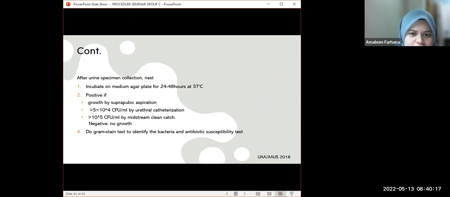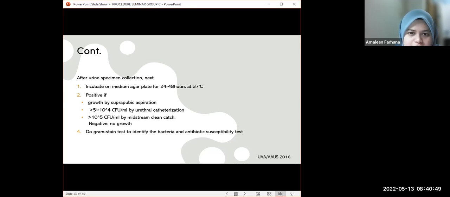After the urine specimen is collected, next we will incubate the specimen on a medium agar plate for 24 to 48 hours at 37 degrees. It is positive if there is any growth by suprapubic aspiration, if there is more than 5 times 10 to the power of 4 CFU per ml by urethral catheterization, or if there is more than 10 to the power of 5 if we collect the urine by clean catch.